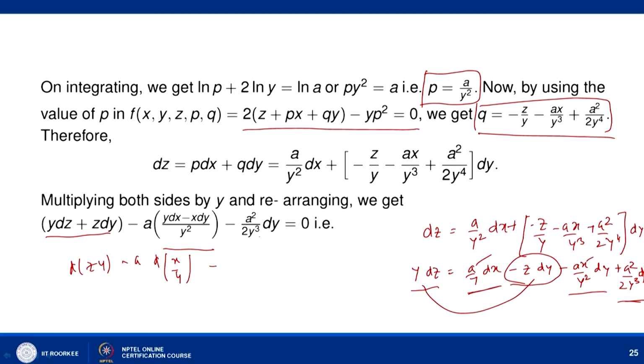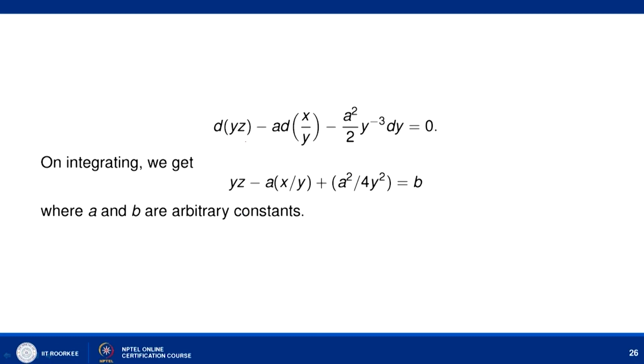And similarly you can integrate the last term because it is quite easy. So we can write d of yz minus a d of x by y minus a square upon 2 times y to power minus 3 dy equal to 0.